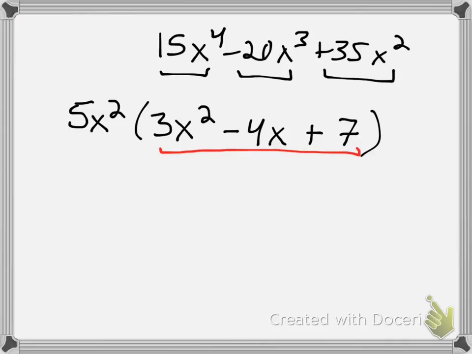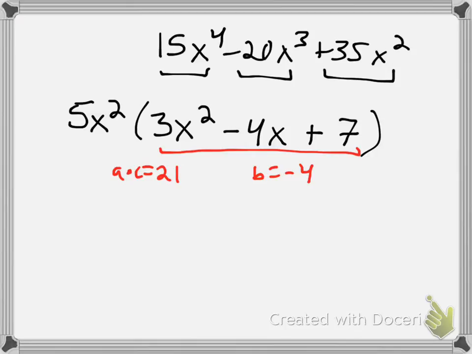So what we need to ask ourselves is, is there anything that multiplies to give us 21, because that's A times C, and adds to give us negative 4? Well, I can't think of one. Because there's nothing that multiplies to give me 21 and adds to give me negative 4, I know that I'm done.